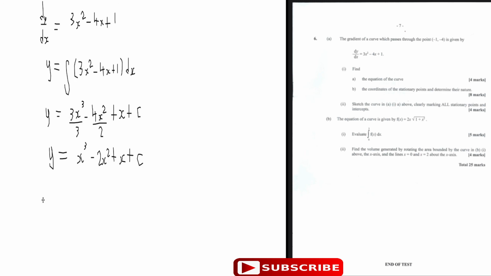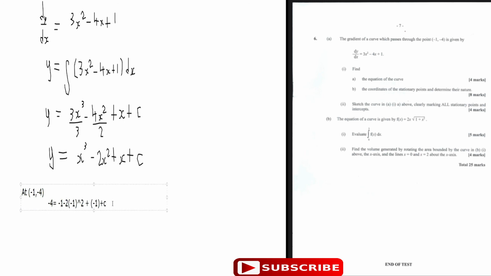So at minus 1, minus 4, y is minus 4. So it's going to be minus 4 is equal to minus 1 cubed, which is minus 1, minus 2 times minus 1 squared plus minus 1 plus c. That will allow us to find the constant c.